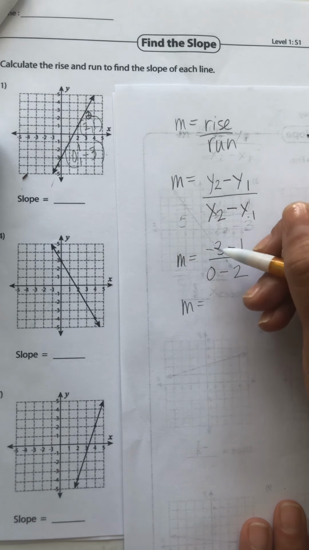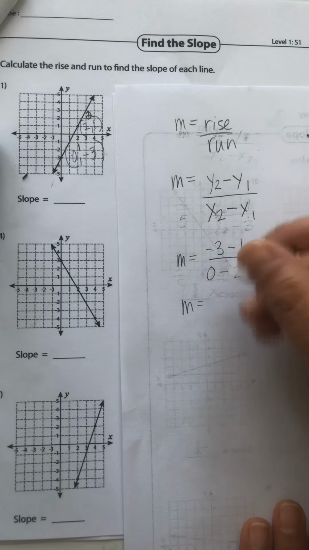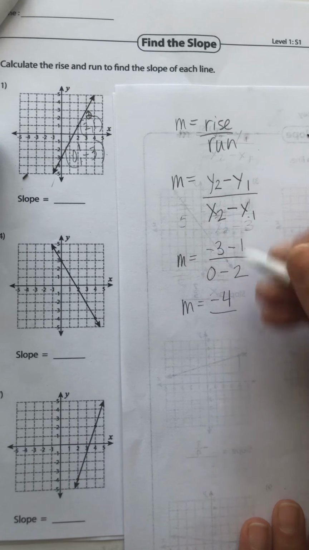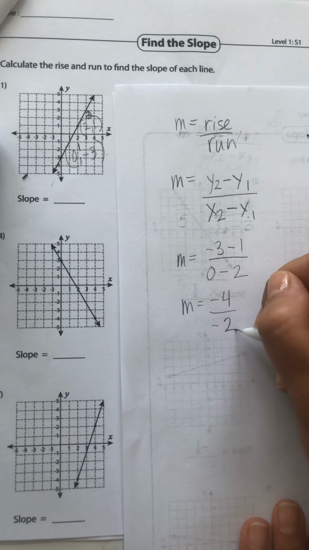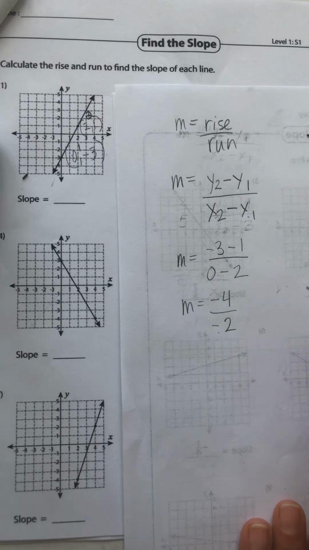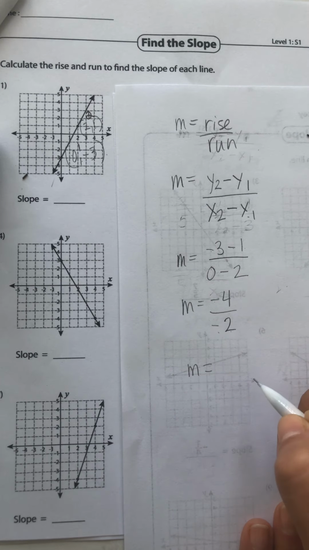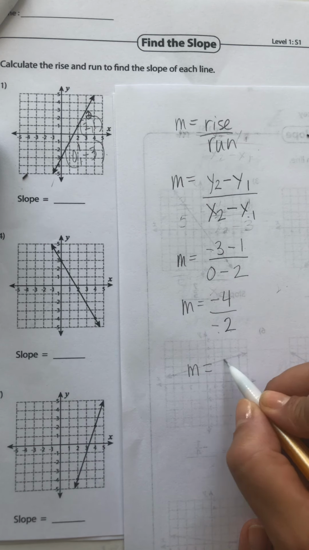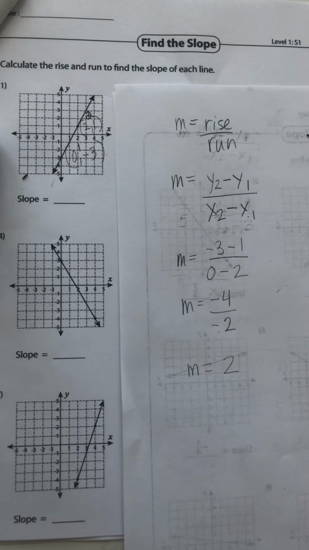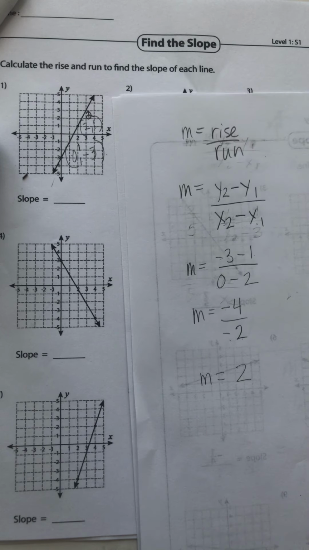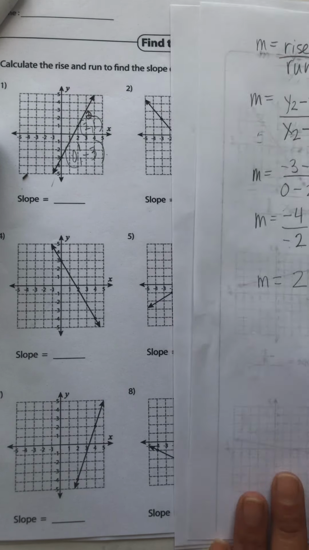Okay, so now we can solve for this. -3 minus 1 is -4 over negative 2. And 2 negatives make a positive, and 4 divided by 2 is 2. And our answer is 2. So our slope for this is 2.